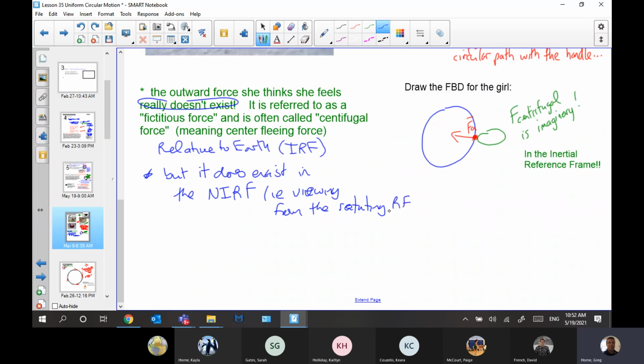Rotating reference frame. So in that rotating reference frame, you'd say, oh, well, you know what? I've got an applied force, but that's really balancing this centrifugal force that I'm feeling.